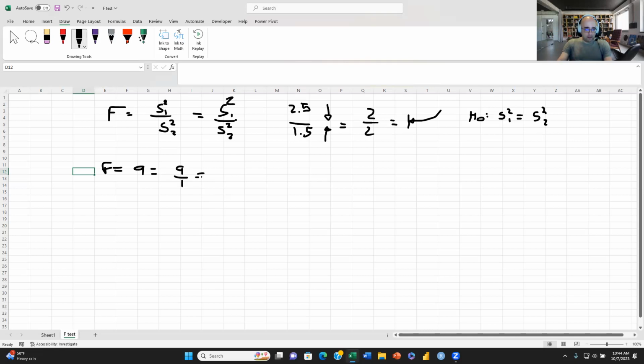What this means is that variance 1 is 9 times greater than variance 2. So it makes sense that you would reject the null that the variances are the same, in favor of the alternative hypothesis that variance 1 is not equal to variance 2.